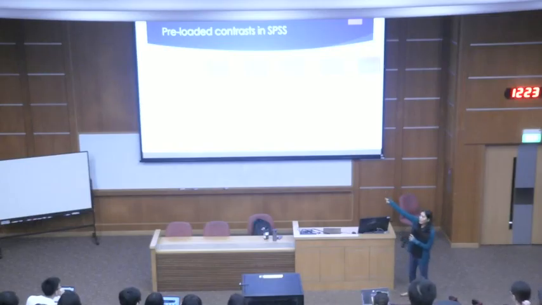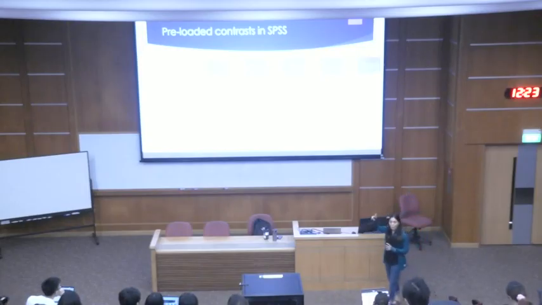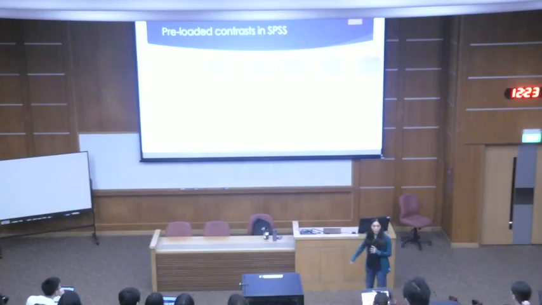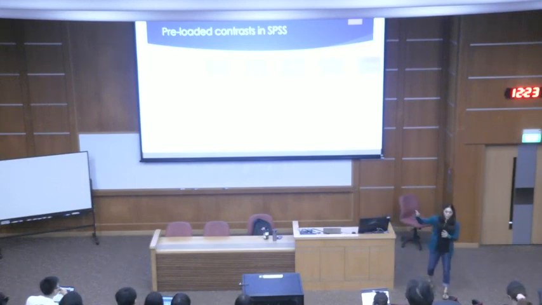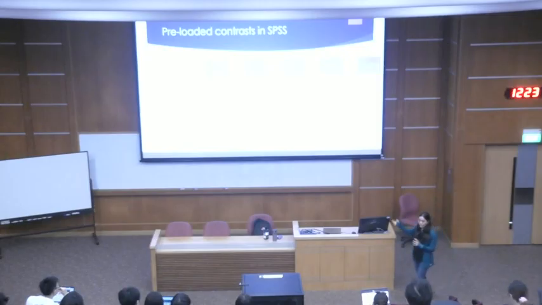But you can also do a deviation with last as your reference, which just means you compare all of the groups against the first, all of the groups against the second, all of the groups against the third, but not against the fourth. So depending on what you want to use as your reference, right? So whichever one is coded as 0, that will be your reference. So if I have, for example, put it into SPSS, group control is labeled 0, group beginning is 1, and group end is 2.